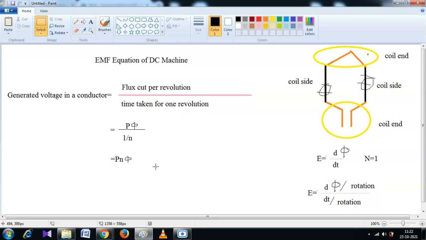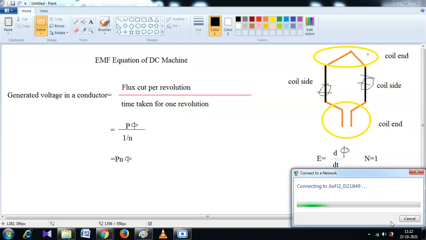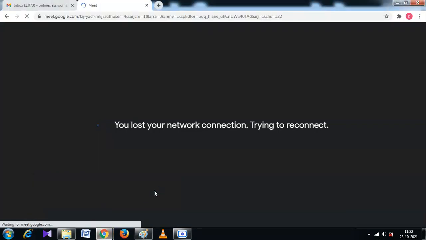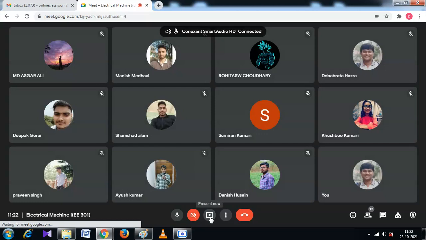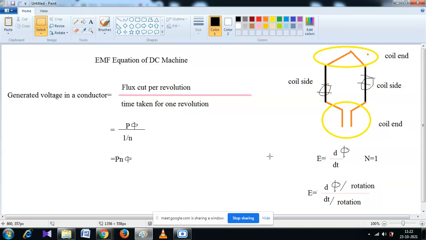Then how much voltage is generated in a conductor?